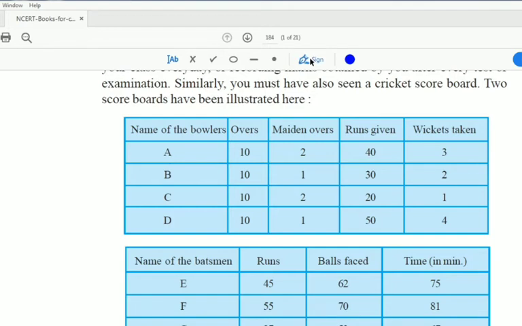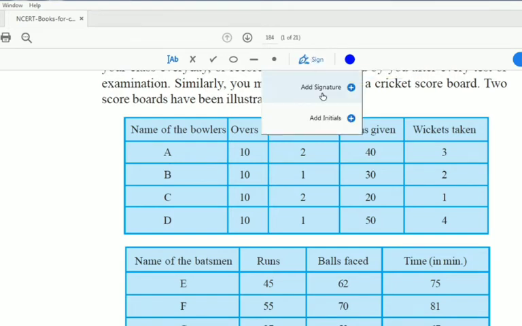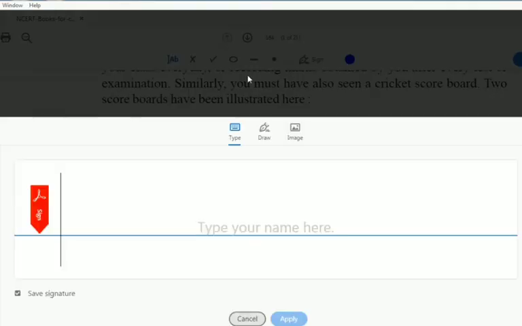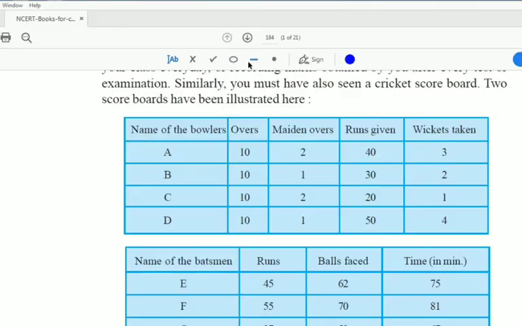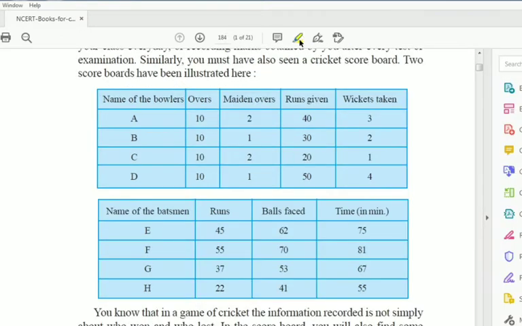A. Look at here carefully. This A plays 10 overs, and out of those 10 overs 2 are maidens, so only 8 overs are used by the batsman to make runs, and out of these 8 overs the batsman makes 40 runs.